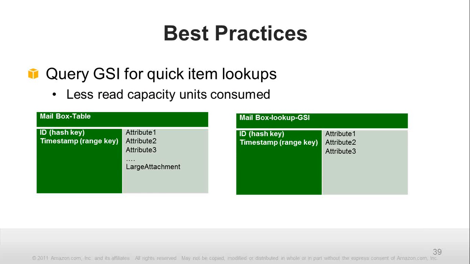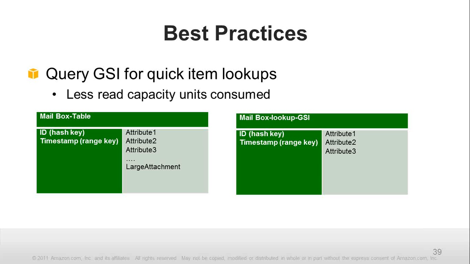The other best practice here is, let's assume you have a table, in this case I've called it the mailbox table, and this mailbox table has a large number of attributes, in addition to a large attachment. If you are throwing up a quick screen that shows just a few attributes, for example who you received the email from and the date the email was received, let's say three attributes of that nature, then there is no point in scanning or querying the entire table and paying the read capacity units.